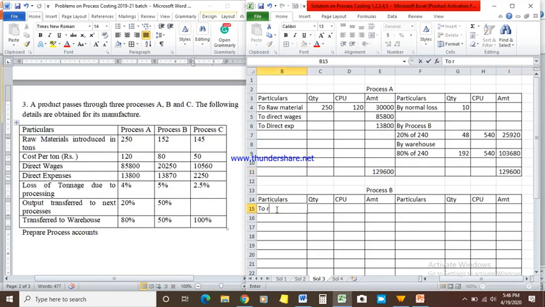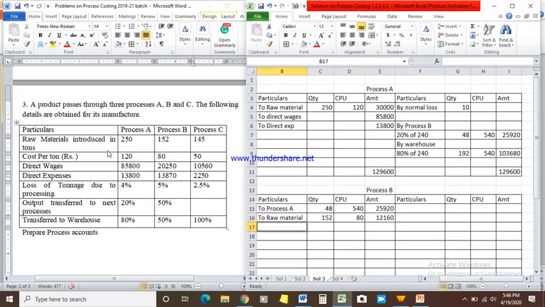So in process B, the material transferred from process A we need to write up, that is 48 tons at the rate of 540, that is 25,920. Then in process B, again the raw material introduced is mentioned. So to raw material, again 152 tons we have introduced at the rate of 80.